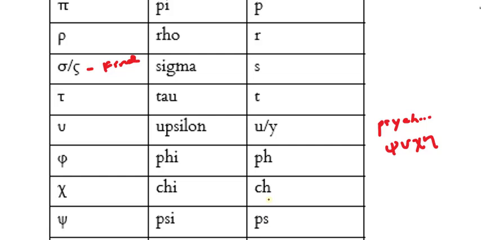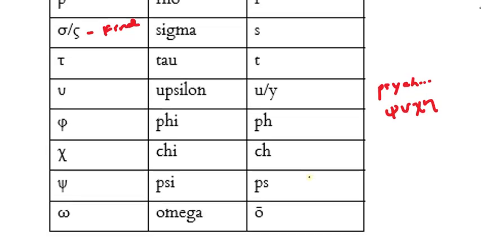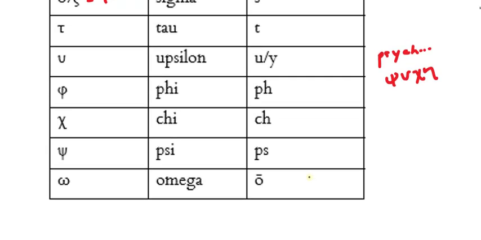And then the next one here is psi. So these are double consonant sounds, p and s, in that order, ps. And then our omega here, which is o. So that's the alphabet here.